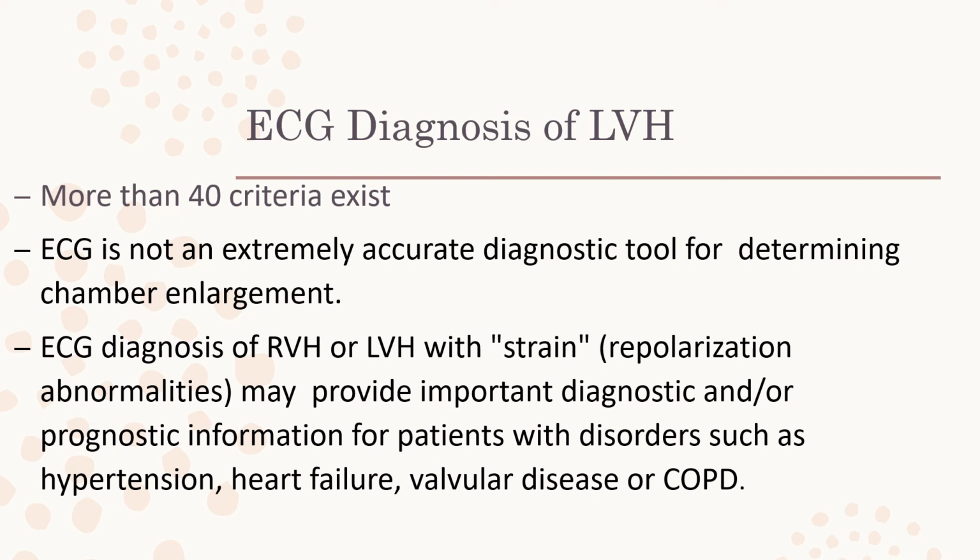What we really need to get is an echo. That's really going to show us the structural enlargement that we are saying is here. And so the EKG is not an extremely accurate diagnostic tool. It is very indicative.